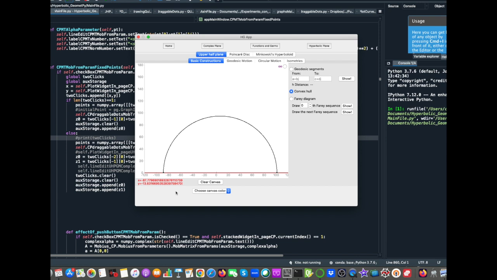It's sort of obvious if one thinks about the fact that the shortest curves are semicircles or vertical line segments orthogonal to R bar. It is also obvious if you think about the Poincare disk model.